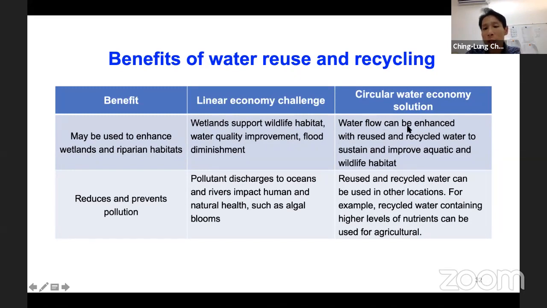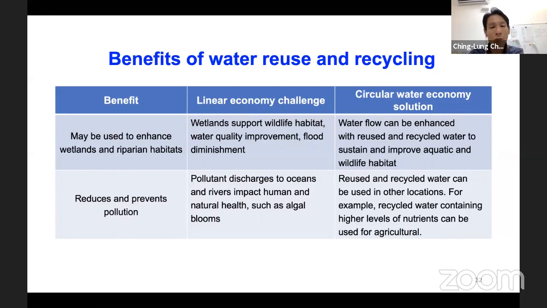The water flow can be enhanced with reused and recycled water to improve the aquatic wildlife habitat. And also the most important part is it can reduce and prevent pollution.